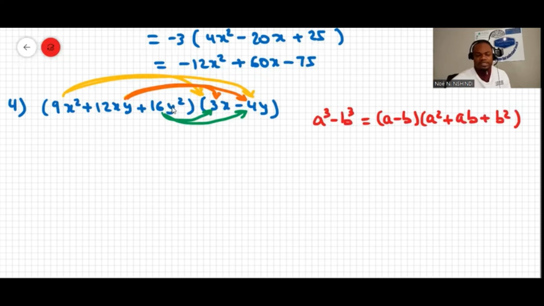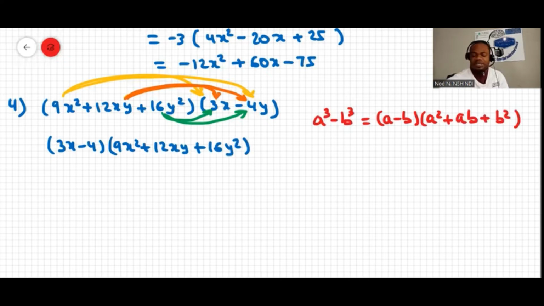So I can maybe rewrite it this way: 3x minus 4 times 9x squared plus 12xy plus 16y squared. This is basically this form, because this is like 3x raised to the power of 2 plus 3x times 4, and then this is like 4y raised to the power of 2.